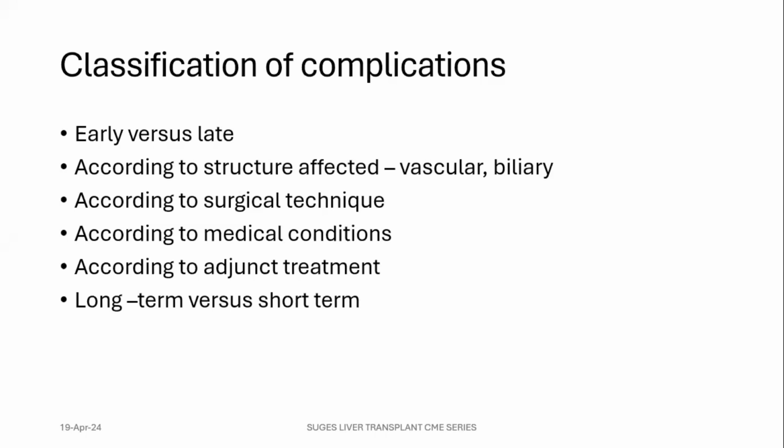Then we have those complications that are due to medical conditions or the non-surgical aspect of the liver transplant, and complications that come from adjunct treatment. This may again be in relation to the non-surgical aspects of liver transplantation. And then you can also classify them according to when they come and how long they last, so you have long-term versus short-term complications.